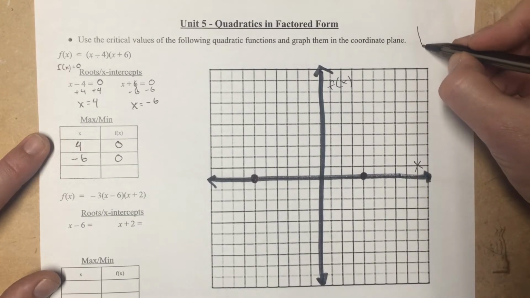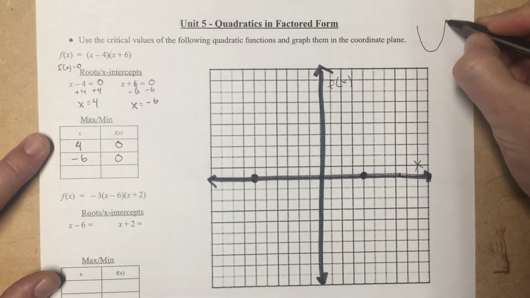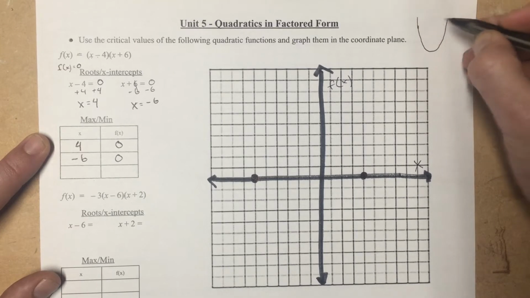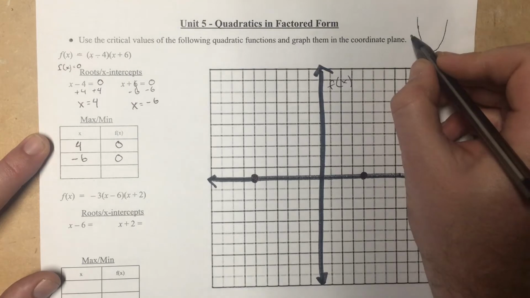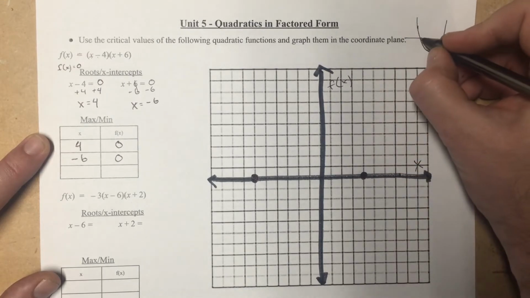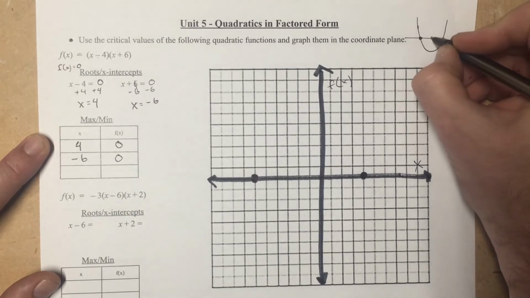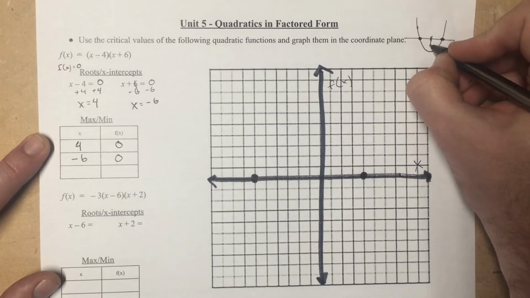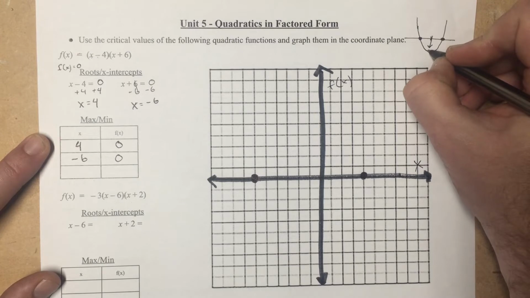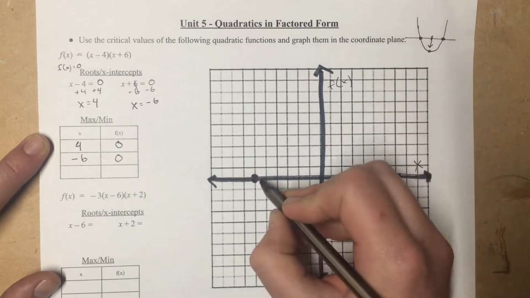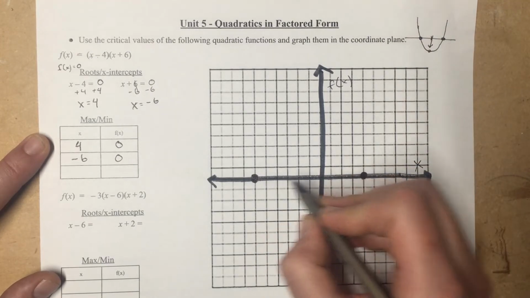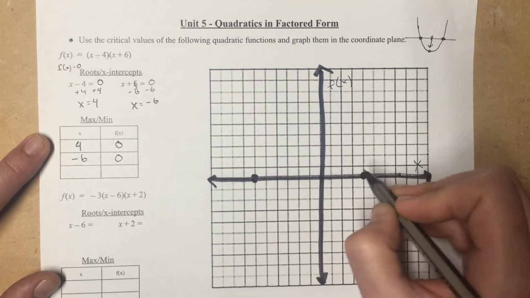So I'm going to draw a little sketch of a parabola here. This is symmetrical, so let's just say it crosses the x-axis here. The halfway point between the intercepts is going to be this minimum value down here. So this halfway point is going to give us our third critical value.